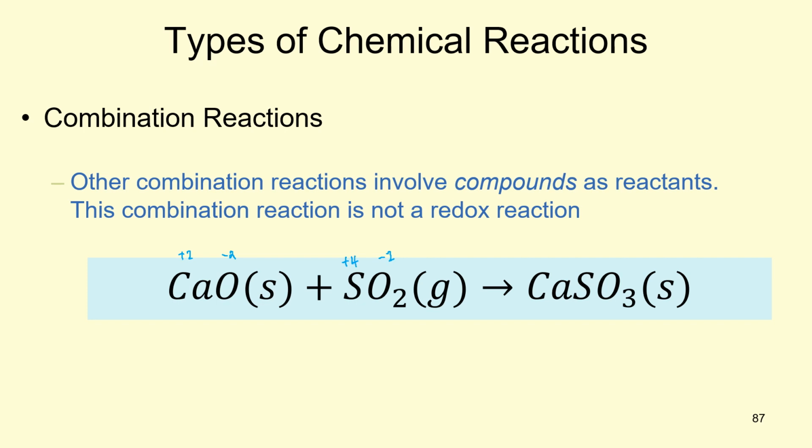And then if we look at this, calcium again has to be a +2 because it's in the second column. This will be -3 times -2 is -6, so this again has to be +4. So you can tell if it's redox or not by looking at the oxidation numbers. They don't change at all, so this is not redox.